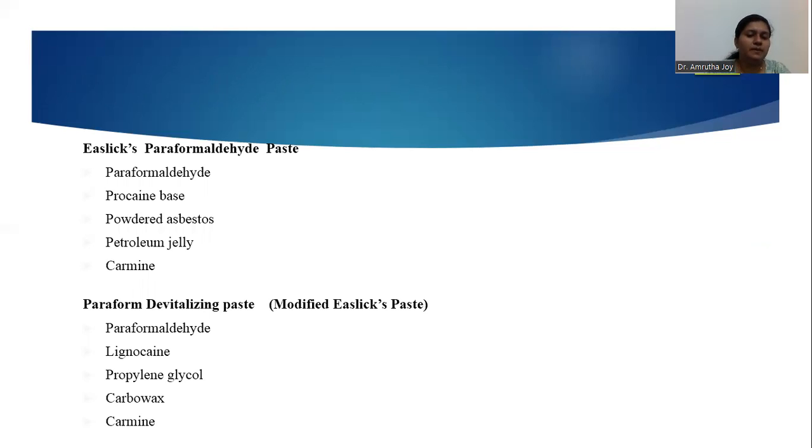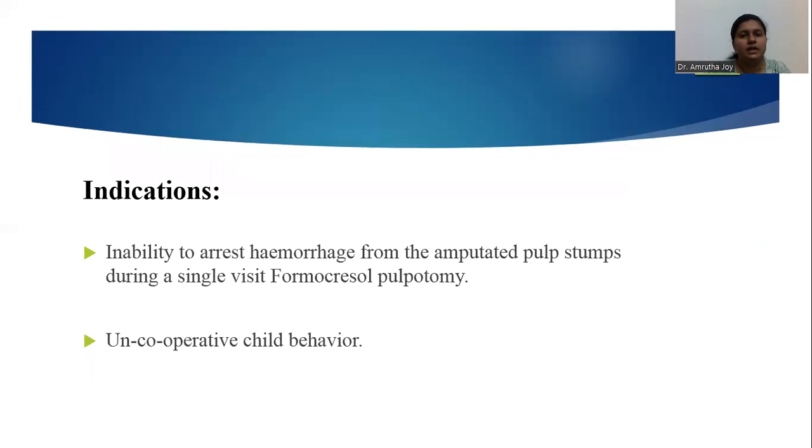Paraform devitalizing paste is constituted with paraformaldehyde, lignocaine, propylene glycol, carbowax, and caramel. Indications of two-stage pulpotomy are inability to arrest the hemorrhage from amputated pulp stems during single-visit formocresol pulpotomy, and in case the child or the patient is uncooperative.